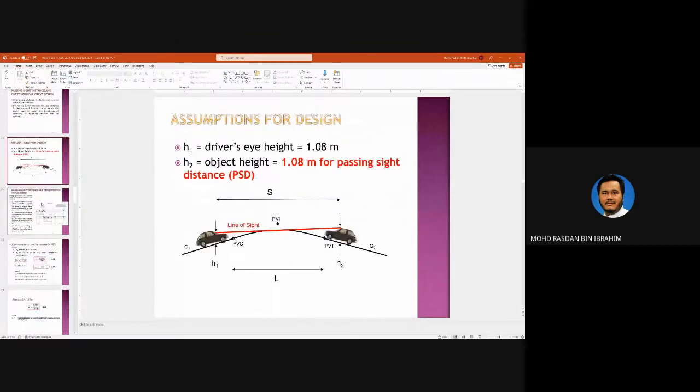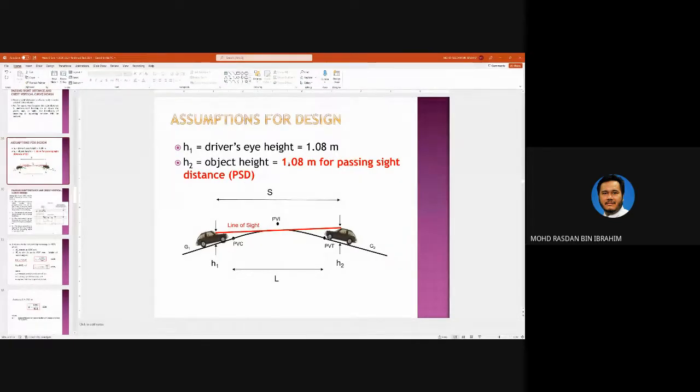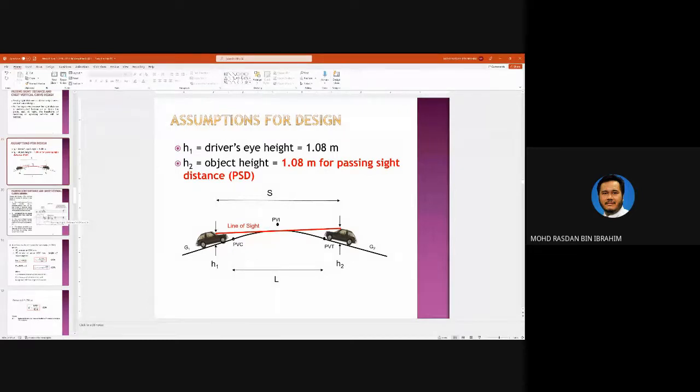Again, this is the consideration H1 and H2, and the passing H2 is 1.08 meters, to allow enough length for your vehicle to overtake the vehicle in front of you.